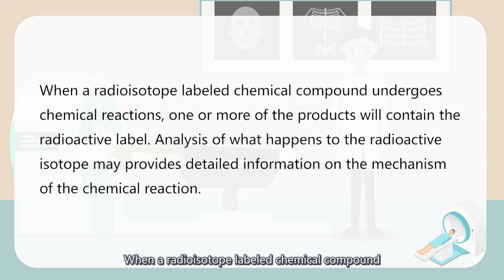When a radioisotope-labeled chemical compound undergoes chemical reactions, one or more of the products will contain the radioactive label. Analysis of what happens to the radioactive isotope may provide detailed information on the mechanisms of the chemical reactions.